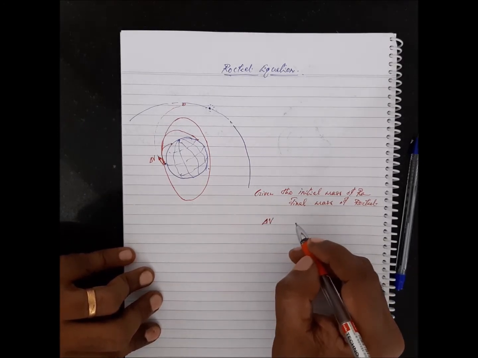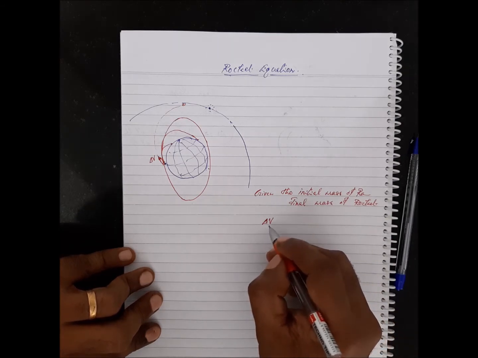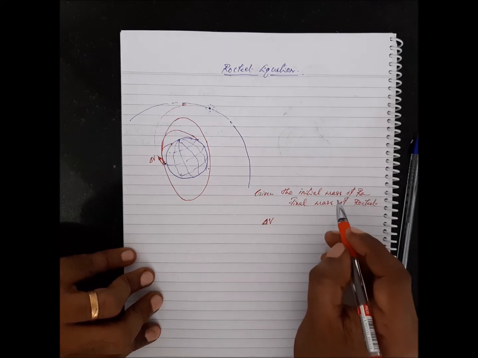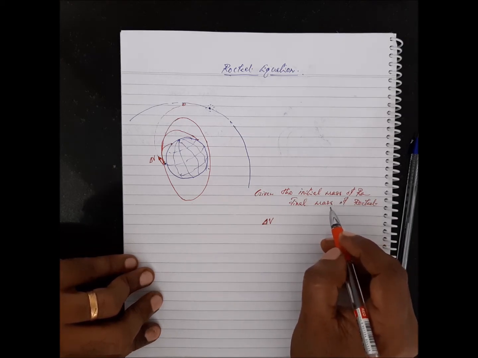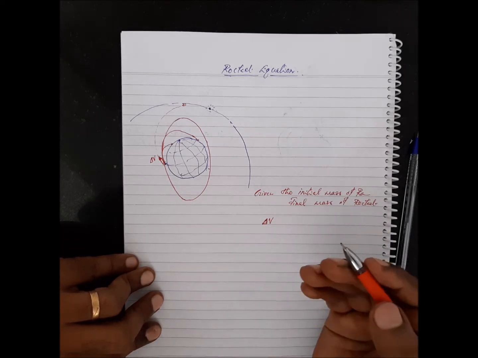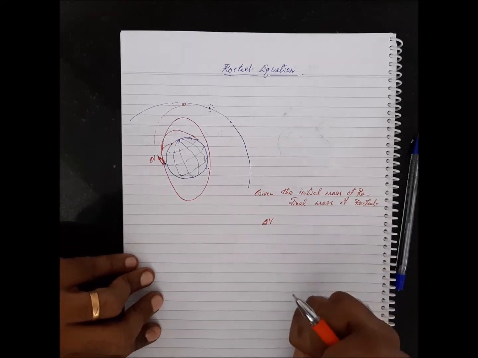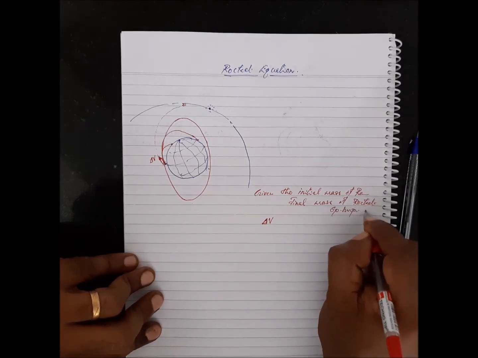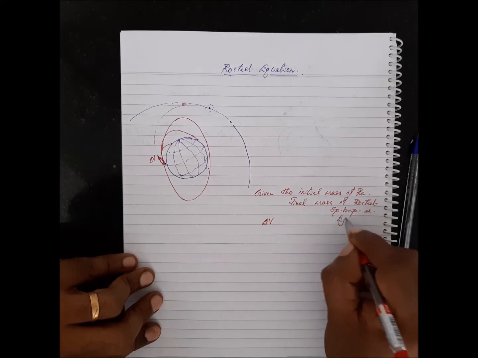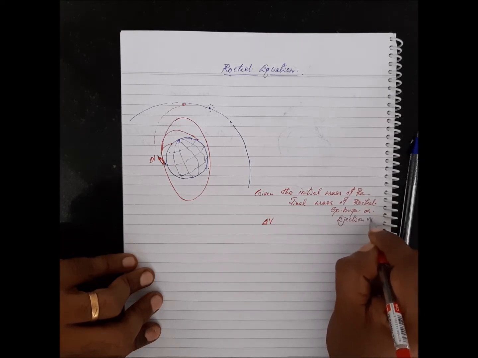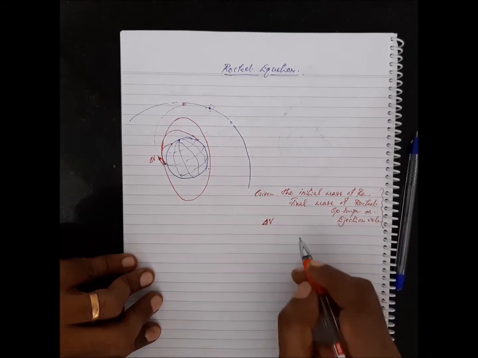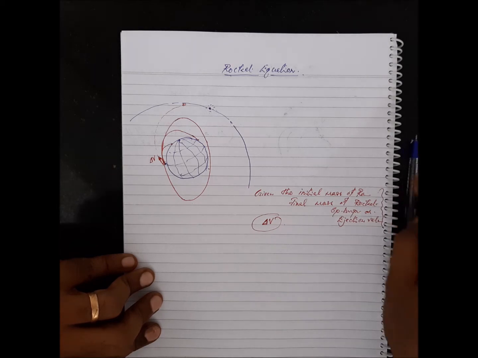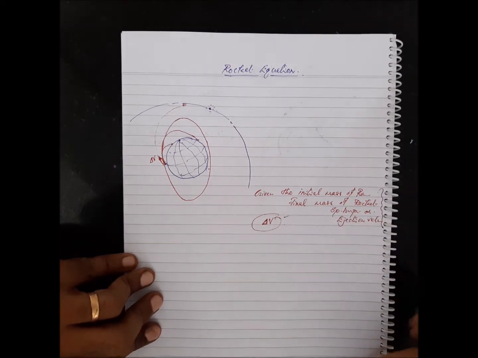We are going to derive an expression for delta V so that we can find the velocity increment if you are given the initial mass and final mass of the rocket, and the ejection velocity or the specific impulse of the propellant used. With this data, can you calculate the delta V? That is our intention, number one.